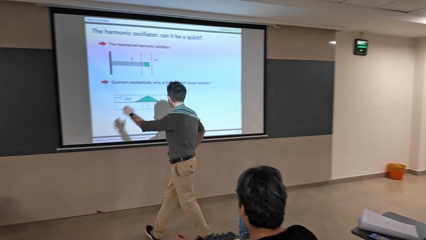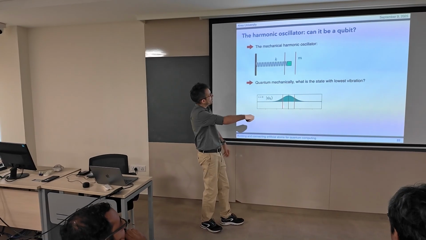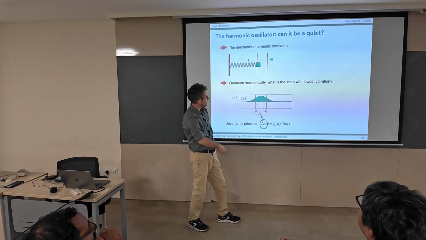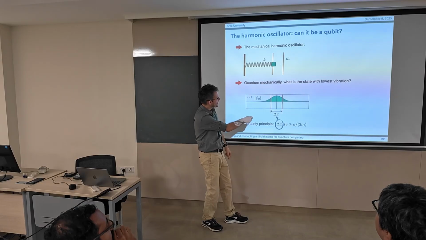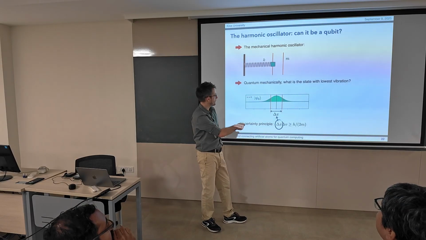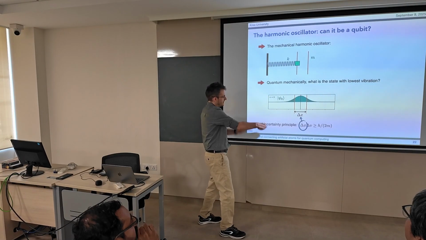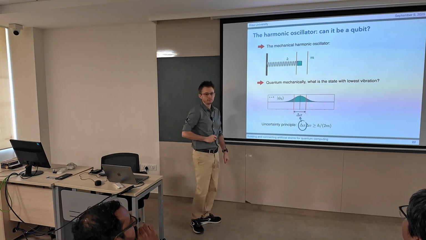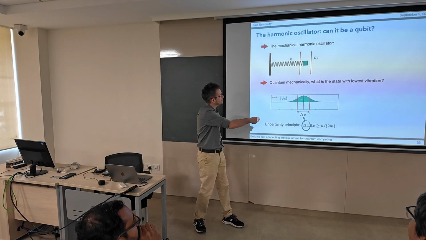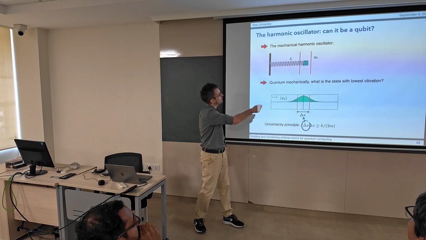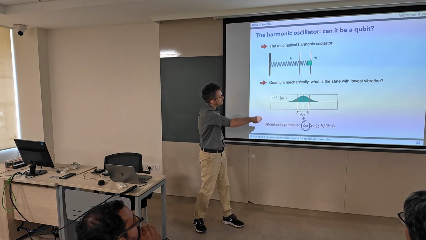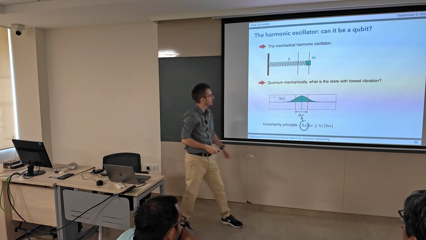So what's going to happen is, instead of having a well-localized mass, I'm going to get a delocalized wave packet in this way. I'm basically going to have a wave with a spread that agrees with the uncertainty principle. So again, I have an oscillator, but instead of oscillating, it's a bit everywhere between these two edges.